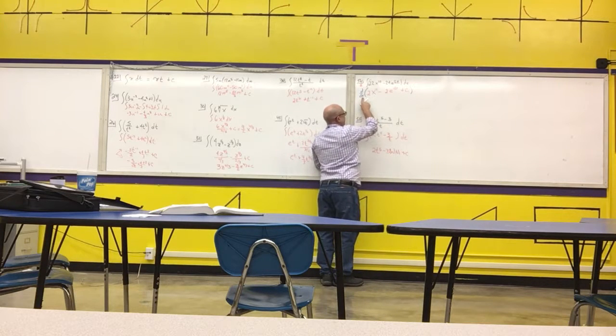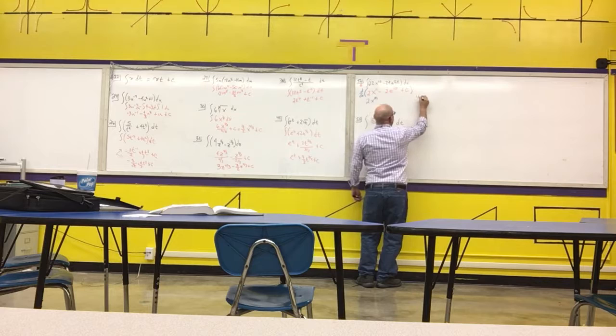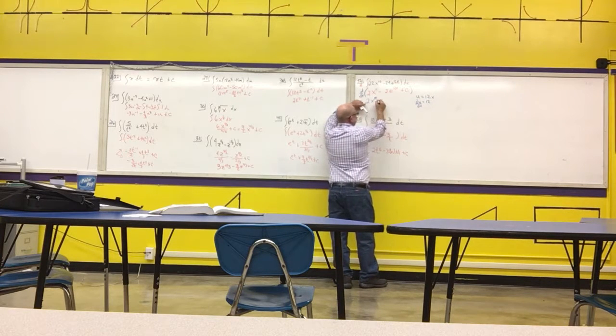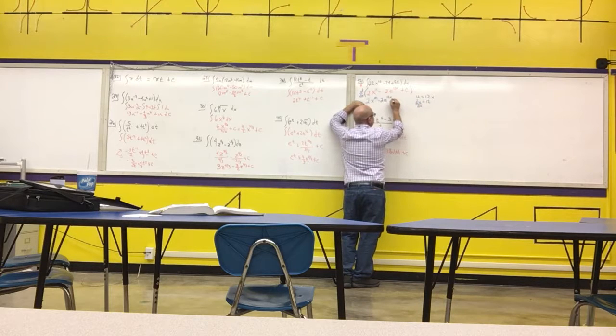Okay, so the derivative says multiply by the power and subtract 1 from the power. Okay, I'm going to let u equal 12x, du over dx is 12. So I end up with minus 2 times the function times the derivative of the inside function.